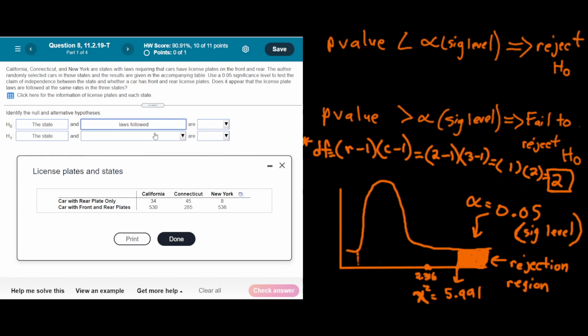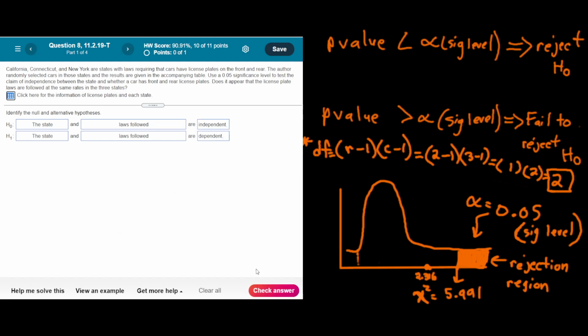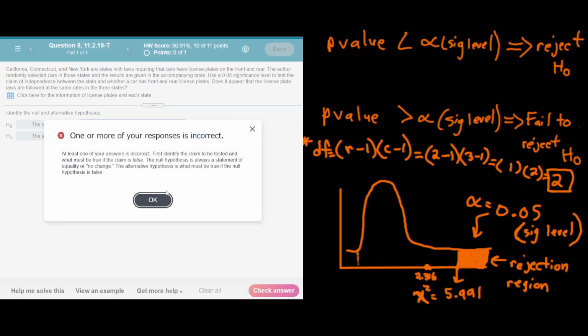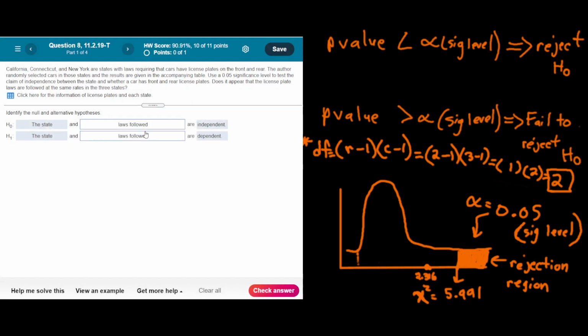We're going to put laws followed. The top, the H0, is always independent. Bottom is always dependent. If we get it wrong, it's not the end of the day. Remember, we're all learning here, right? Okay, it's not laws followed. It's the position of the plate. Nice work. So you see, it's not the end of the world. We can get over this. We can do this. If you see this question again, you know which one to pick, right?